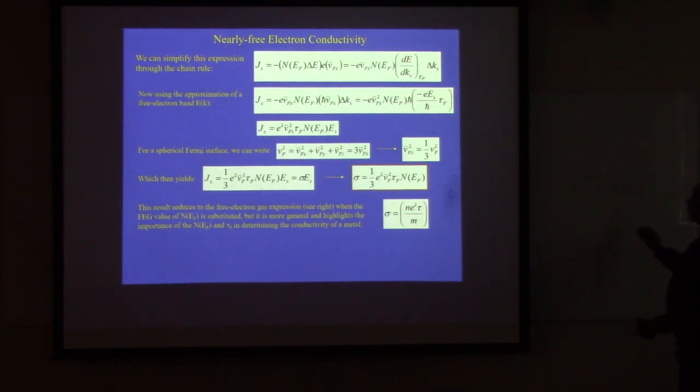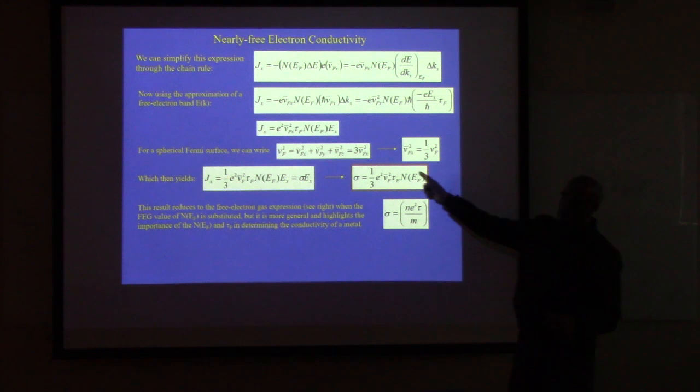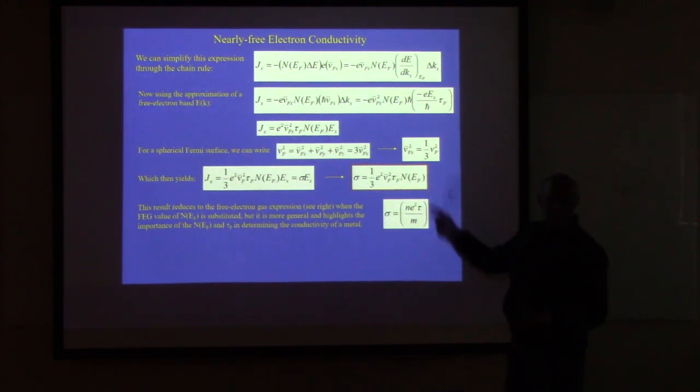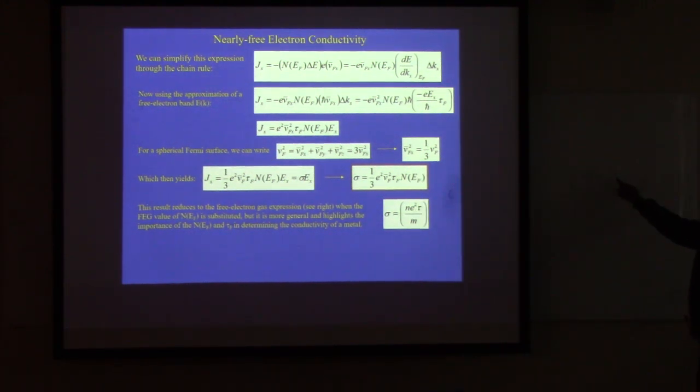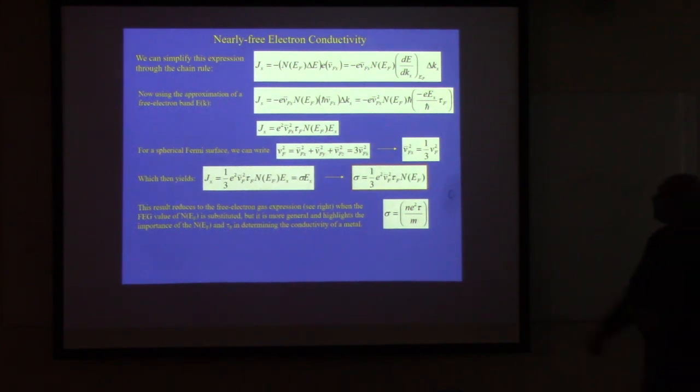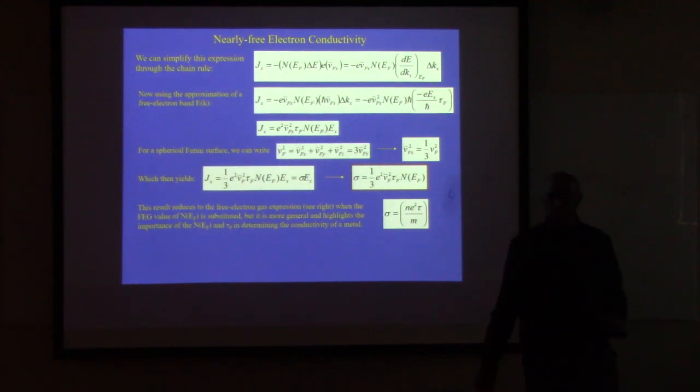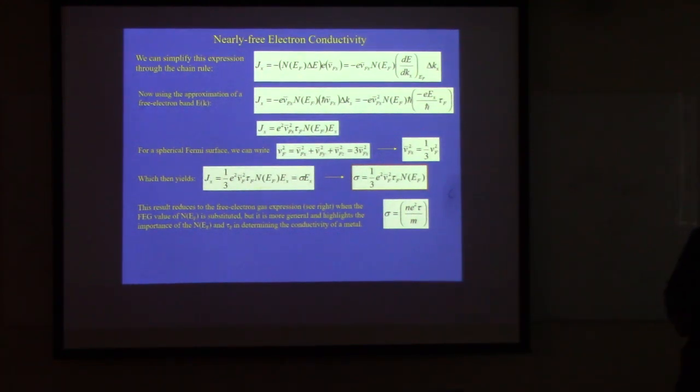Yeah, good. Is that it? You just have to use that relationship we did in the homework. You can see nicely how these threes cancel, these twos cancel, then Vf squared cancels. EF you can also write as half m Vf squared, right? You do this one, you get exactly n e squared tau over m. Is that it?